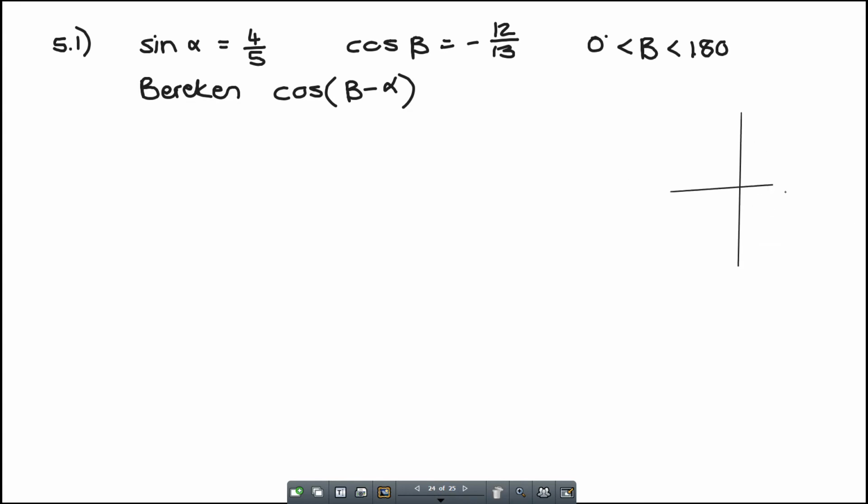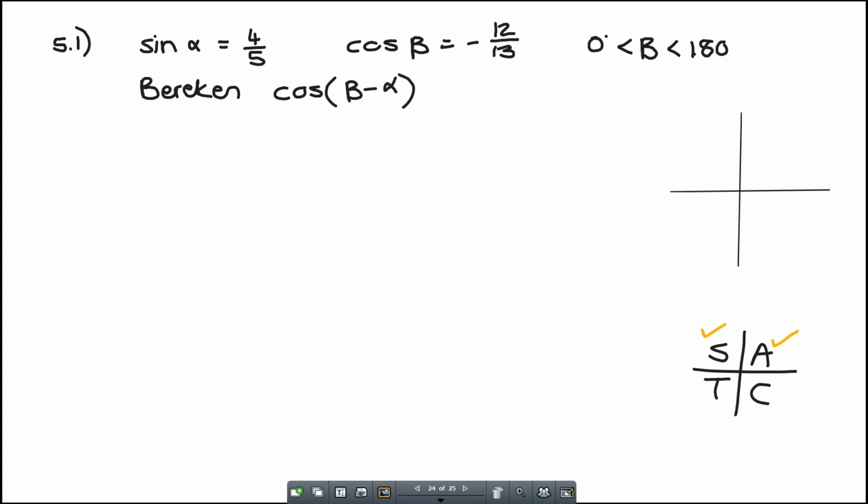Hulle sê vir my sin alpha is 4 op 5, so that's positive. Okay, so as ek gou so maak, all strippers take cash. Sin will be positive in the first and the second quadrant.